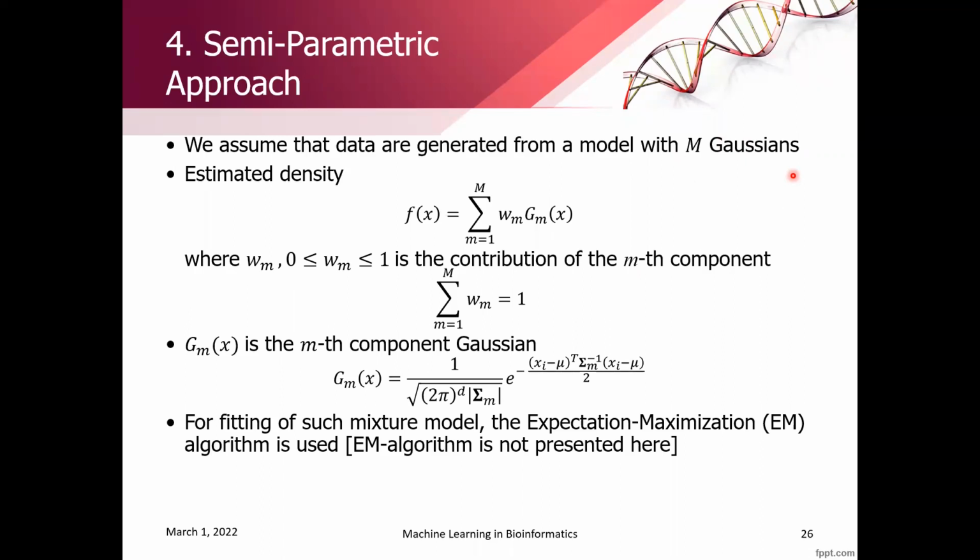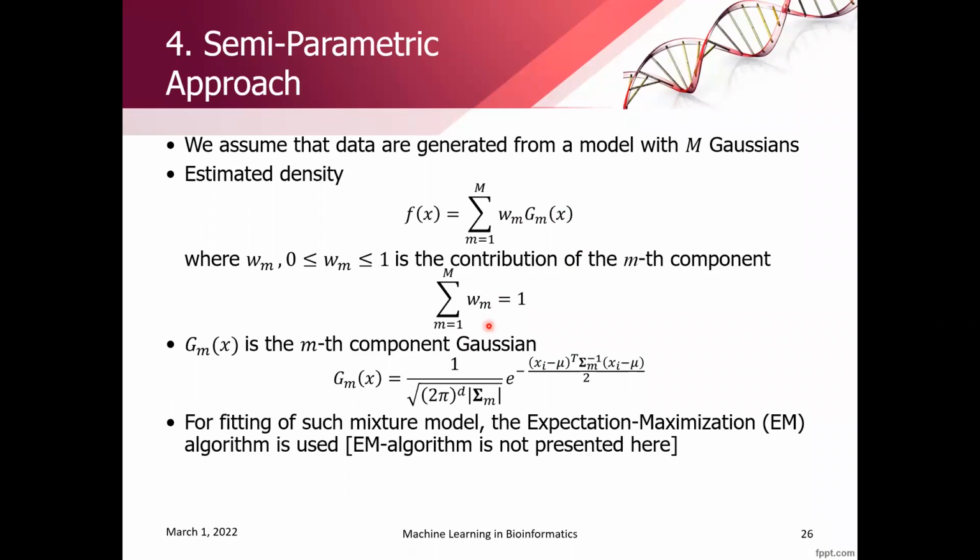We cannot easily sum them up, because by summing them we obtain a density which would have the area under the curve of size capital M. So we need to combine them better, and so we assign some weights W sub M, which weight the contribution of each of these Gaussians. And we require that the sum of the contributions will be 1. Why use this?